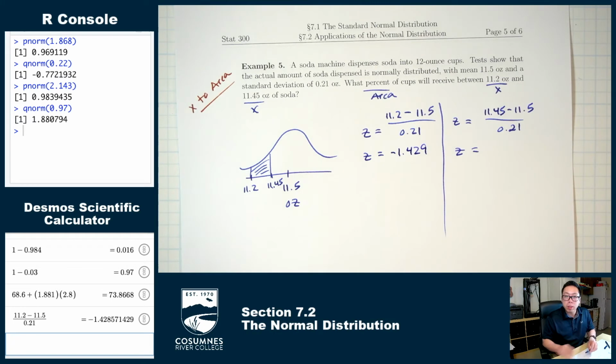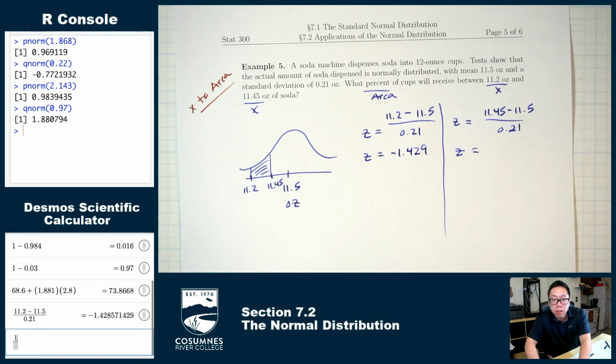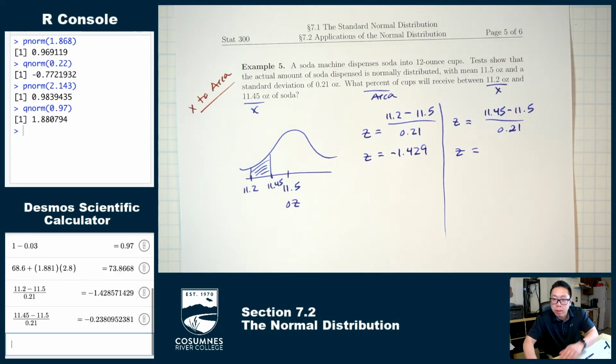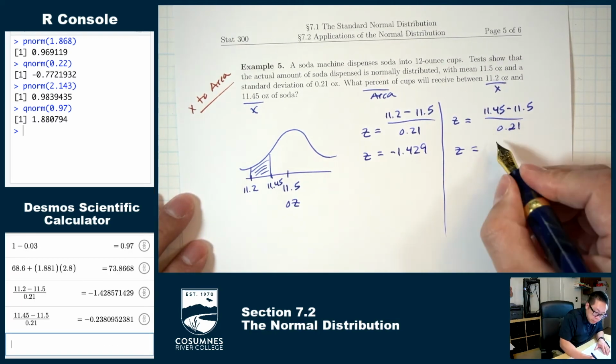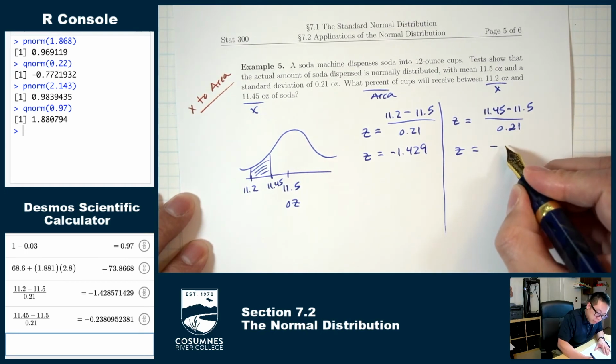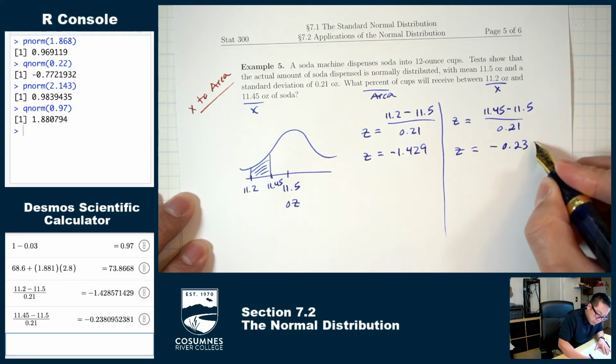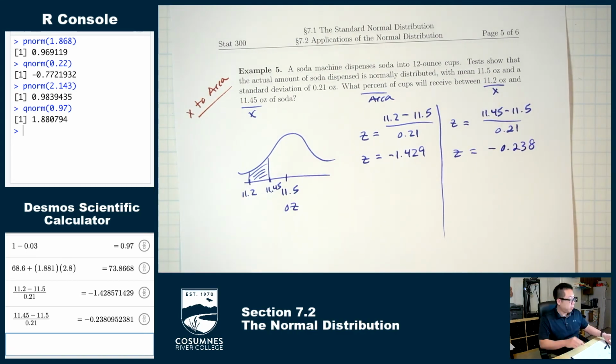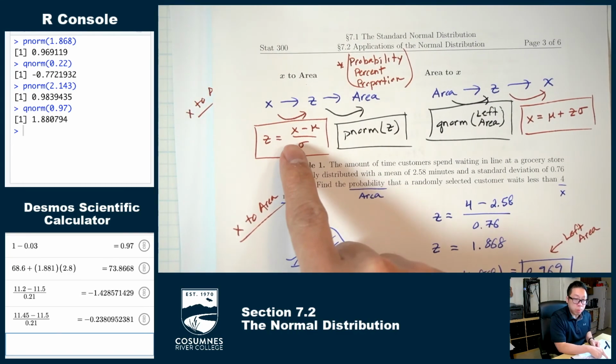Okay, for the other one, fraction 11.45 minus 11.5 on top over 0.21, negative 0.238. Okay, so I just did the z-score formula for both of my x's.